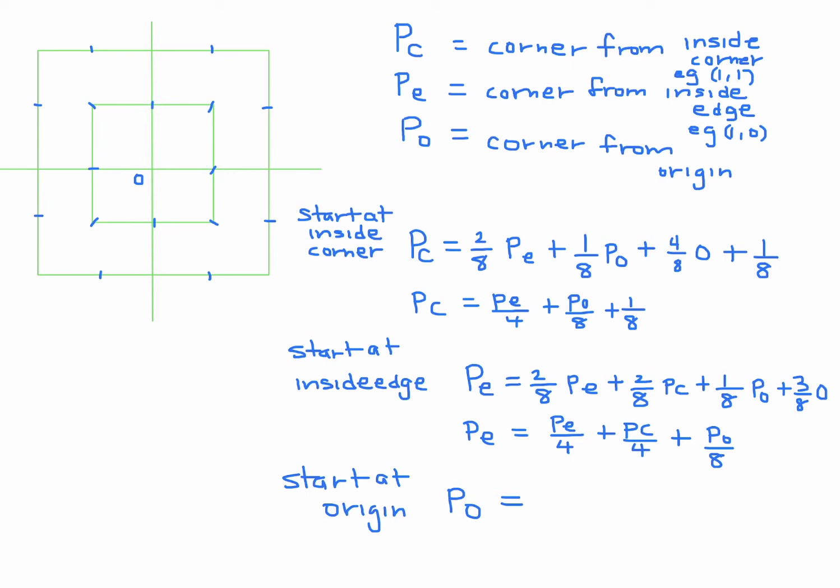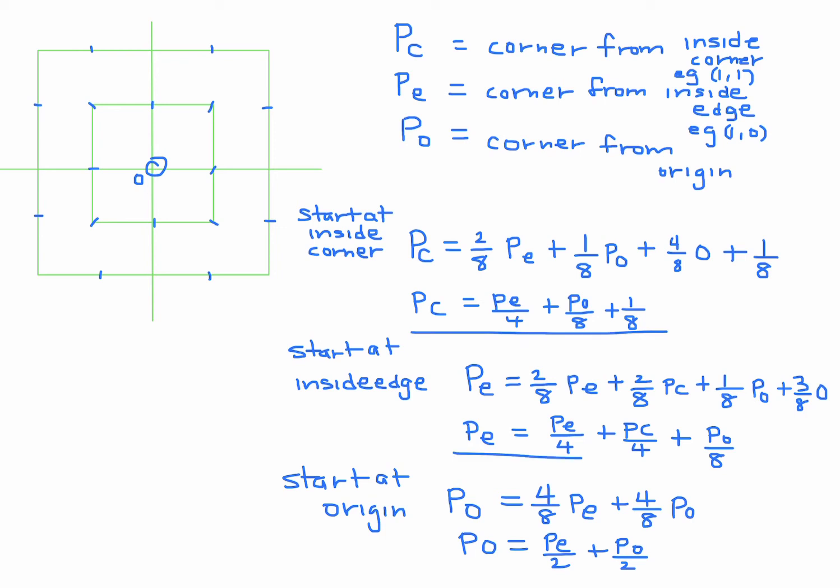So you add 1/8 four times. So it'd be 4 over 8. And that's probability of E. Or you can go from the origin to the corners with the same probability, 1/8 times 4, which is 4 over 8. And this one gives you PE over 2 plus PO over 2.